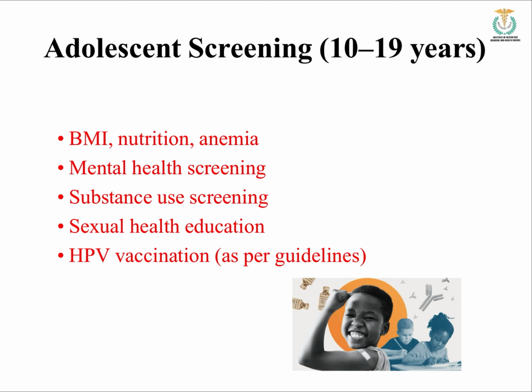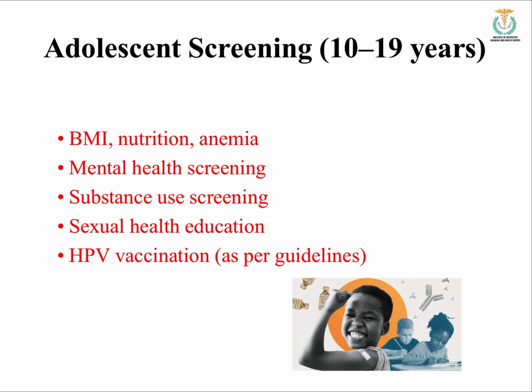Vaccinations should also be considered, like TDAP booster in adulthood, hepatitis B if not previously vaccinated, and influenza for specific risk groups. You also have to focus on counseling on lifestyle modification like diet, exercise, and tobacco cessation. Use this period to prevent the development of chronic diseases later in life. So these are the things you will be doing for adult screening.